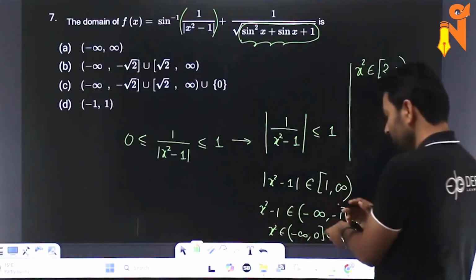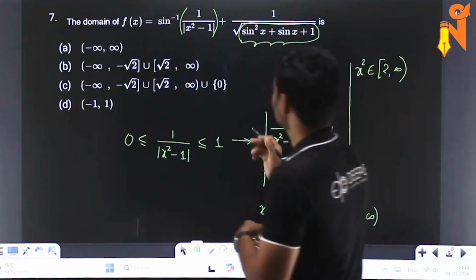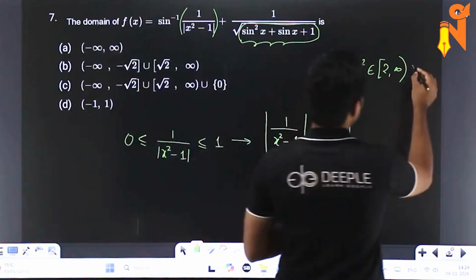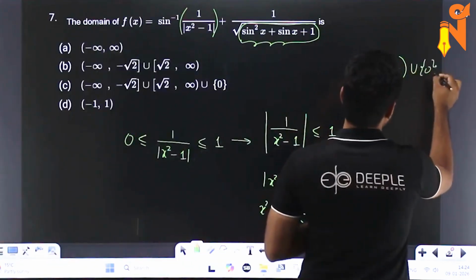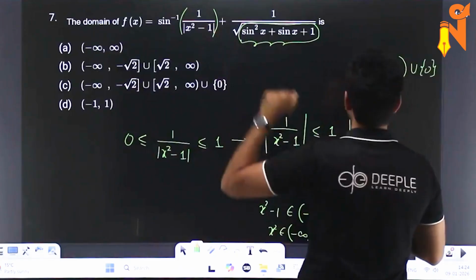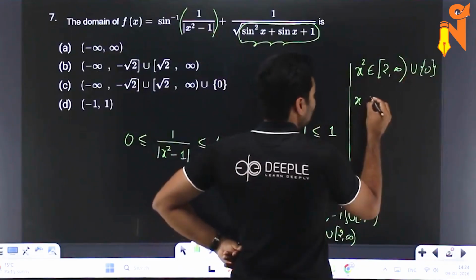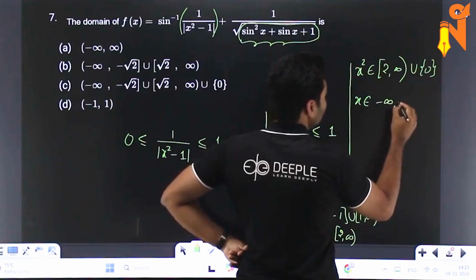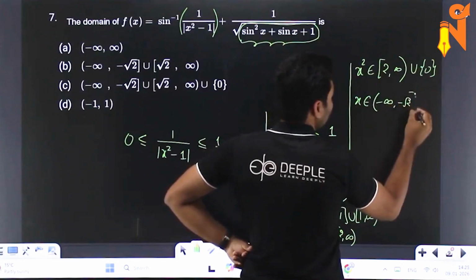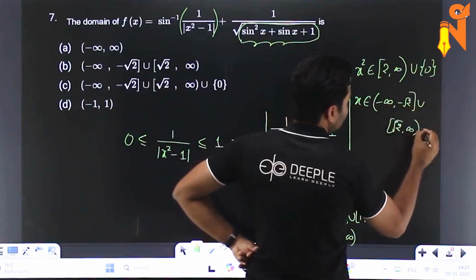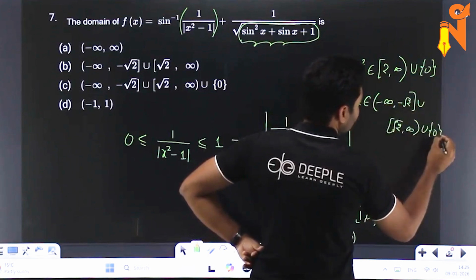Sir, is 0 possible? If x is 0, wait, yes, 0 is possible, sorry. I thought this was 1 by x only. So what is x only? x belongs to minus infinity to minus root 2 union root 2 to infinity, then union 0. This is the answer.